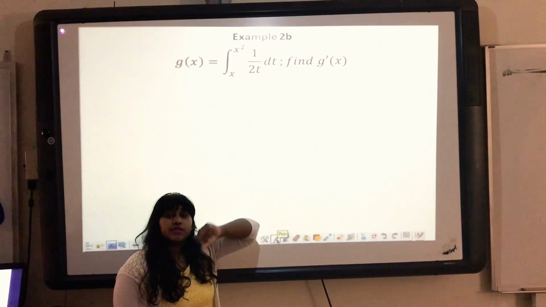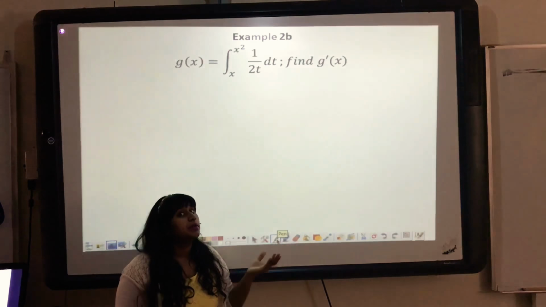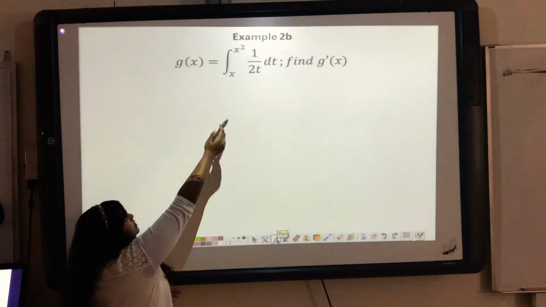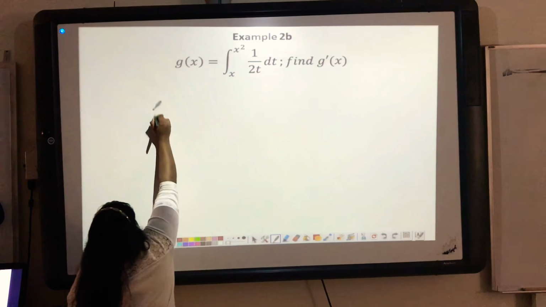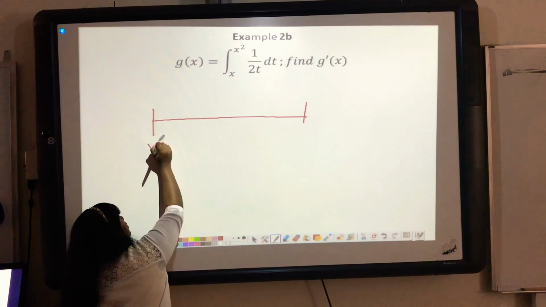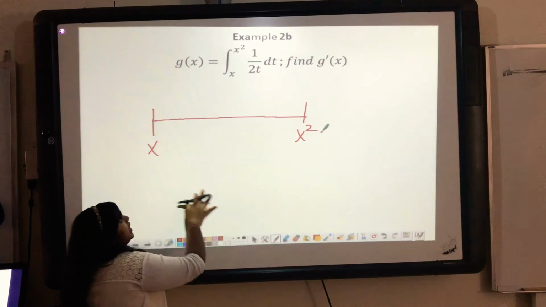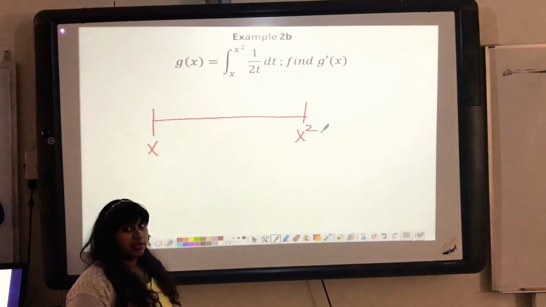Here we have a funky one. This is the first time we've seen where a does not equal some constant value. Well, what do we do? What is this telling us from x to x squared? This is saying I have some value x and some value x squared, and I want you to calculate the definite integral in between.